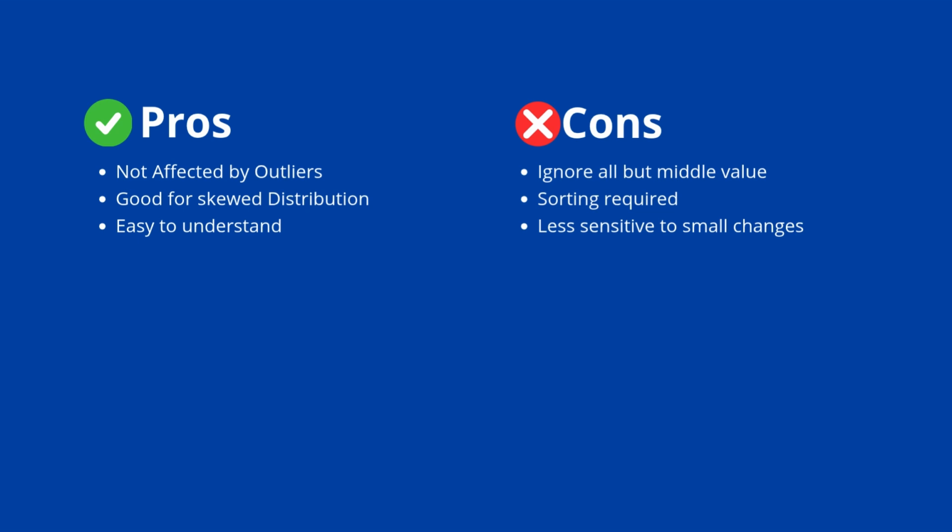Now let's see when not to use it. Since it only considers the middle of the values, it ignores all the other data. So if you find that the higher and lower values are affecting your analysis, then you can consider this median value. It also requires sorting, which is computationally costly, so if we have a large dataset, it will take time to calculate the median.